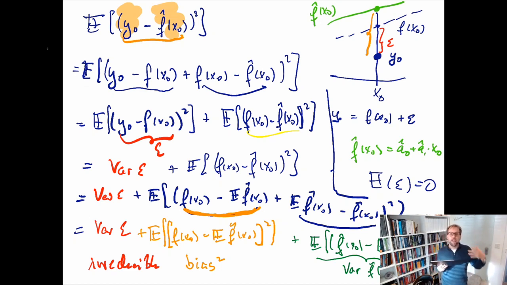I took the difference, I squared it, and this is my error, and I've decomposed it as the variance of epsilon, which is the irreducible error, plus this other term, which is the difference between the true value and the expected value of my prediction, and this is the bias, and this term is squared, plus the last term here, which is the variance of my prediction.